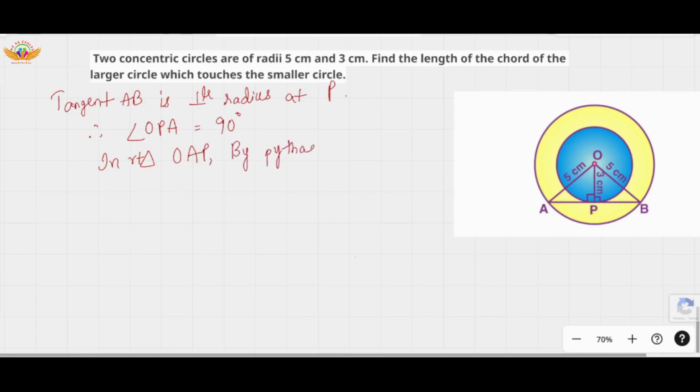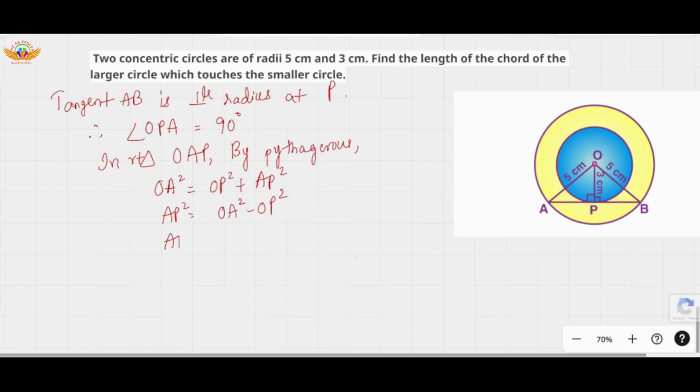By Pythagoras theorem, what is OA? OA is the hypotenuse here. OA square will be equal to OP square plus AP square. Then AP square will be equal to OA square minus OP square, right?